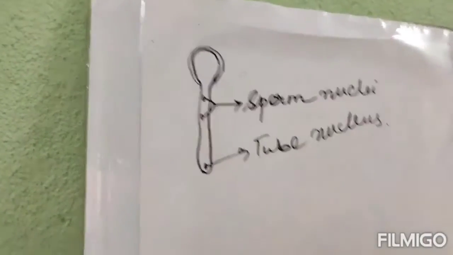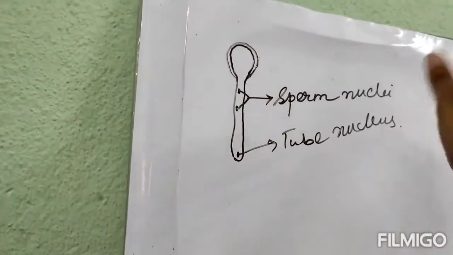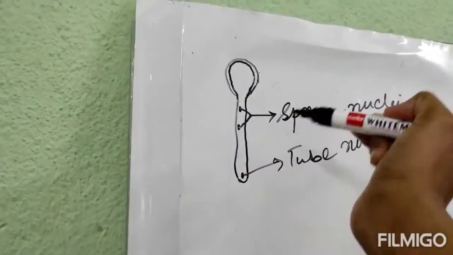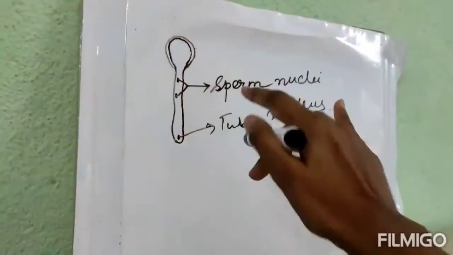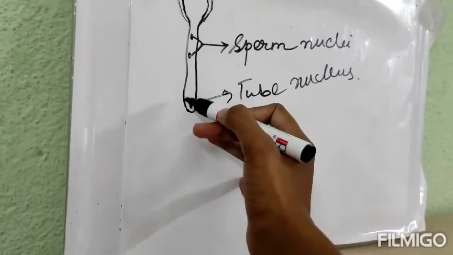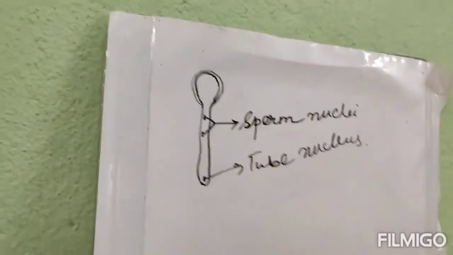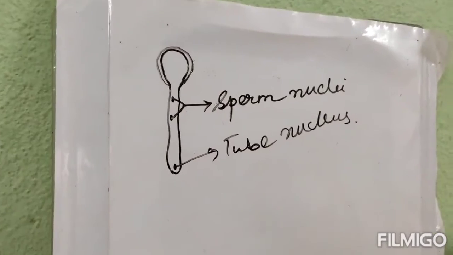Now you will ask, ma'am, one sperm will fertilize the egg, then what will be the fate of the other sperm? We will see what will happen to these sperm nuclei. This pollen tube will grow and ultimately reach the ovary.